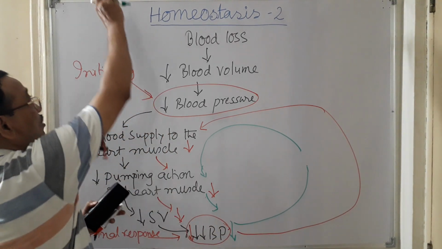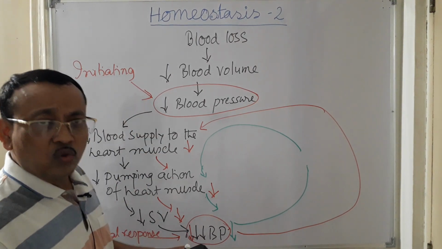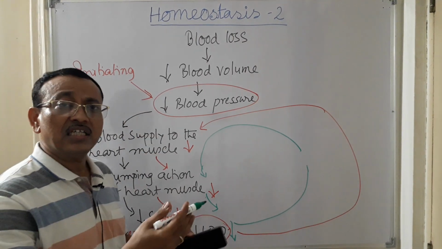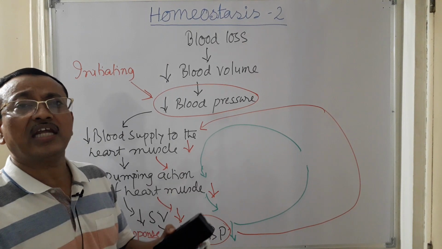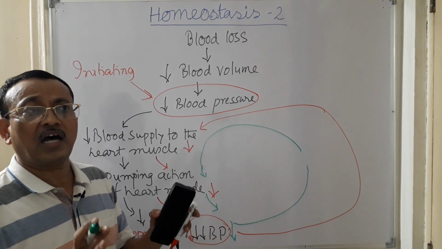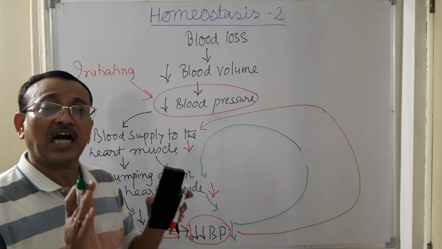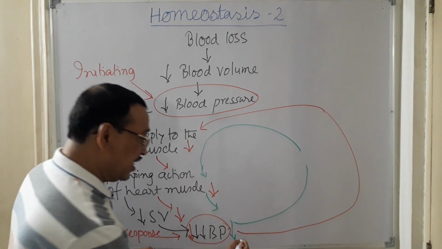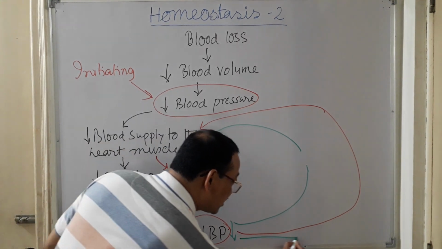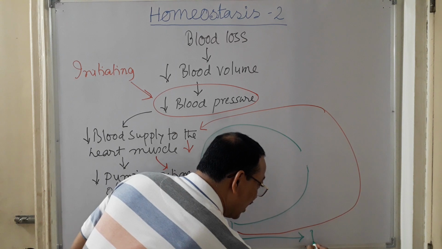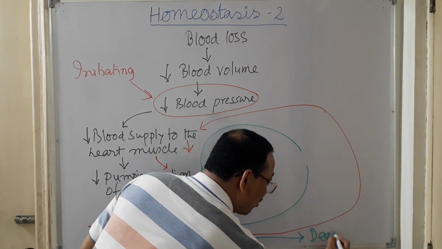Blood pressure will be greatly reduced, which is insufficient to maintain the normal blood supply for cardiac functioning, and that will ultimately lead to heart failure, and thereby there is a death of the person.